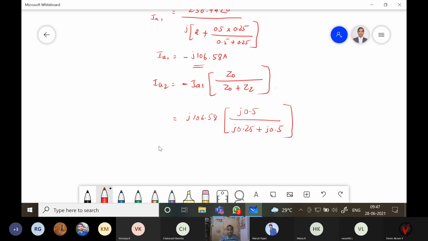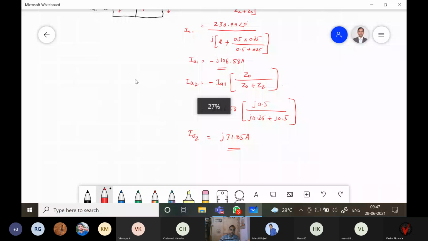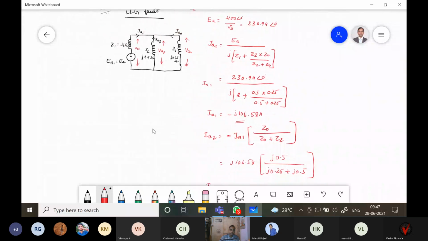Calculate it and you will get J71.05 ampere. That is IA2. So what is IA naught?